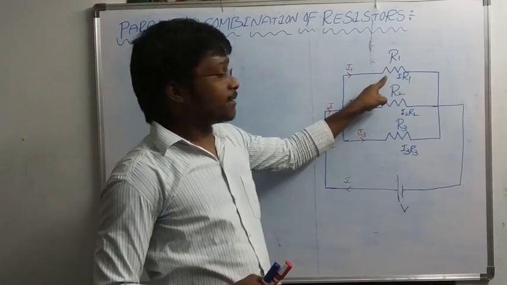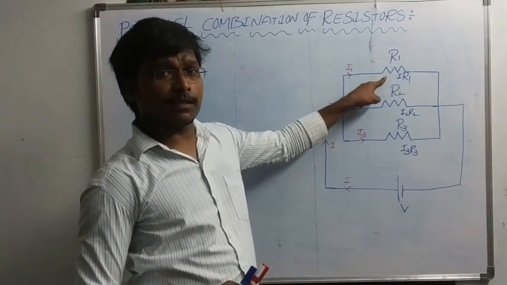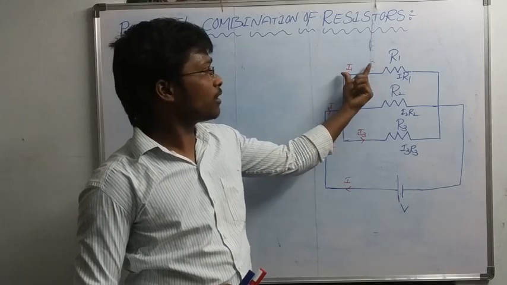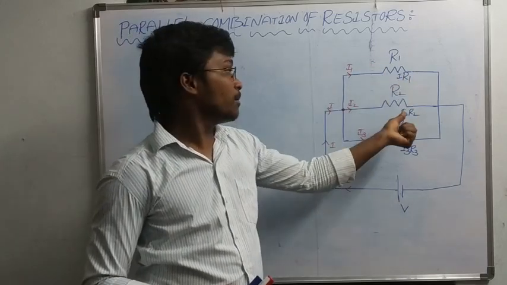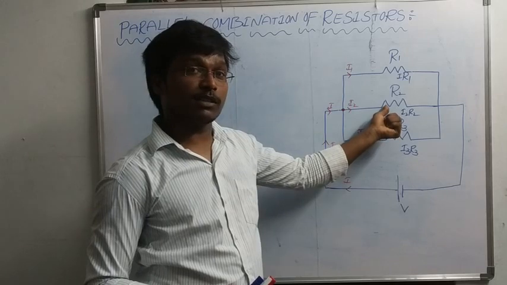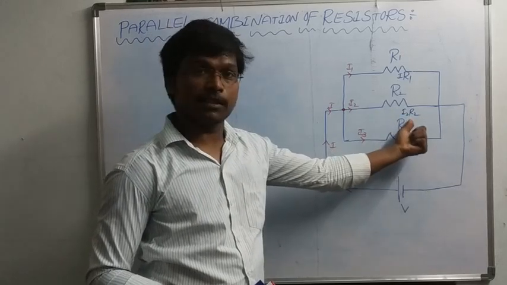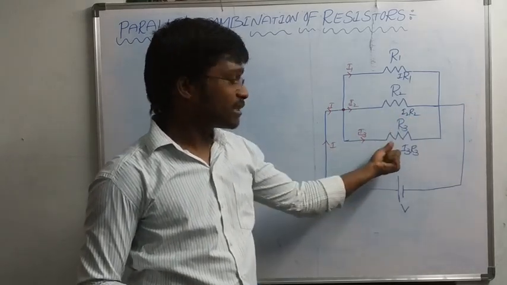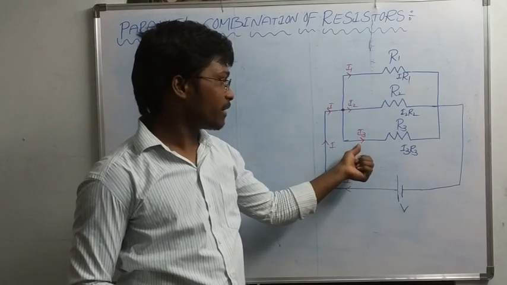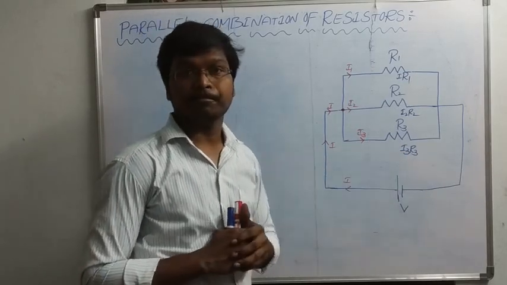Current I1 is passing through this resistor having resistance R1, so product of current into resistance. Same, this current is passing through this resistor, so the product of current into resistance.